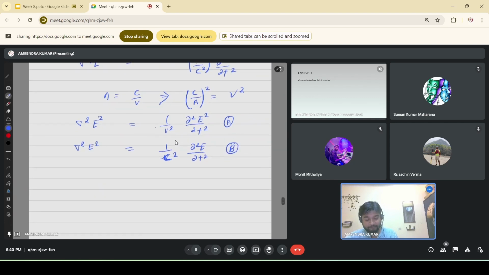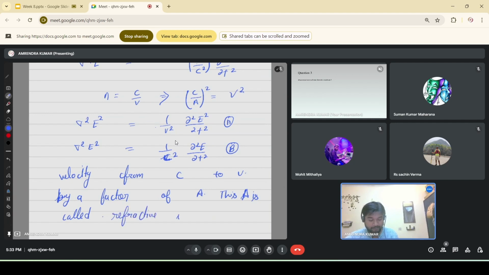So that means the velocity has reduced from c to v by a factor of A. So this A is called the refractive index of a medium.